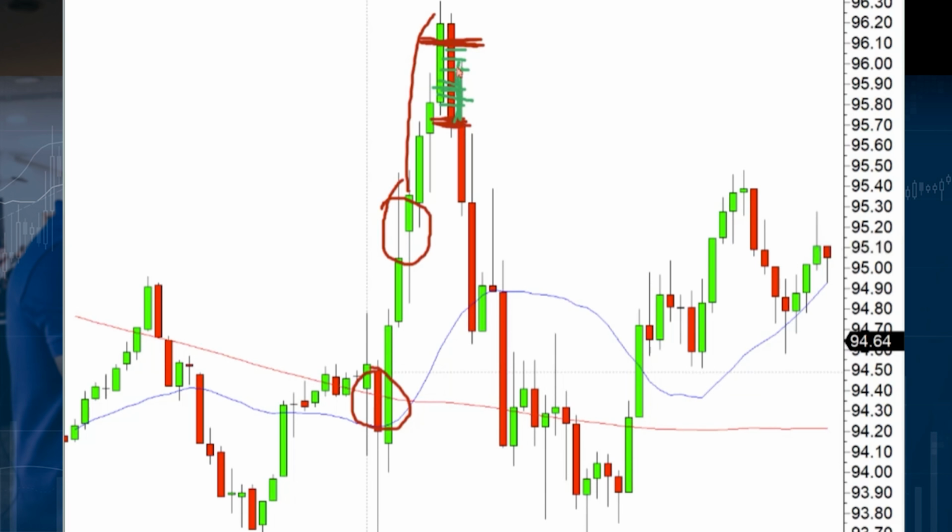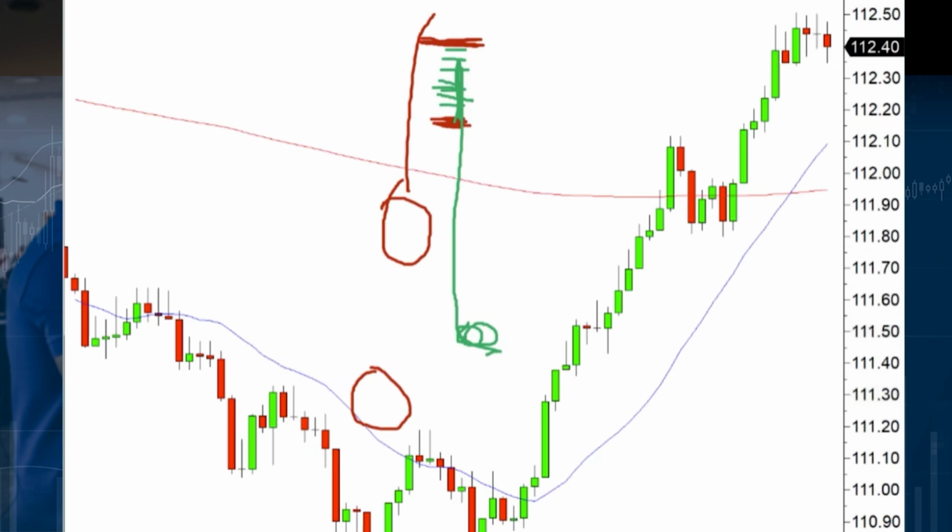So as the stock moves up, I'm getting more short, more short, more short, and then this drop delivers the moolah. All right? That drop delivers the moolah.